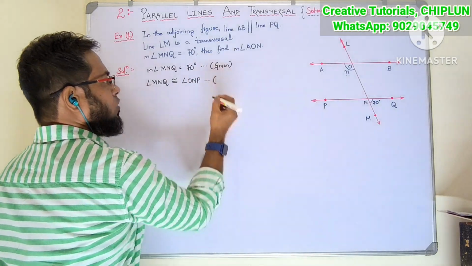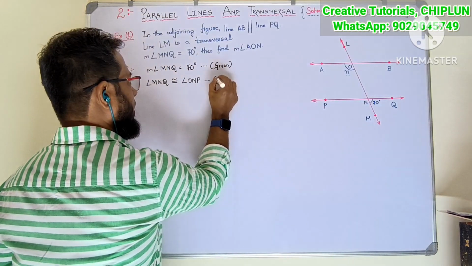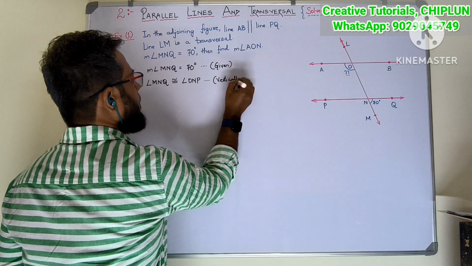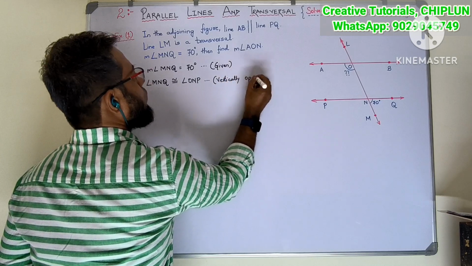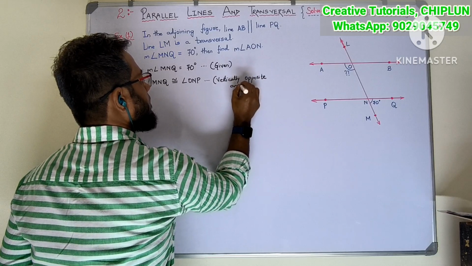Why? Because they are vertically opposite angles. These angles are opposite to each other. Okay, so we will write they are vertically opposite angles.